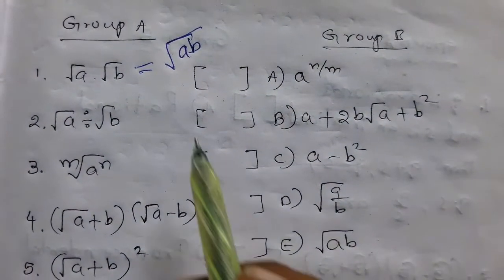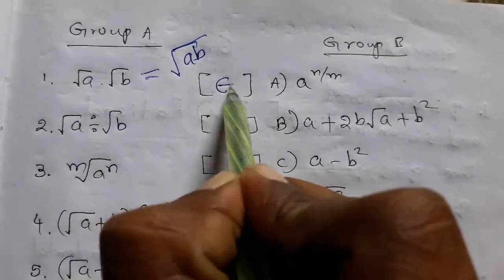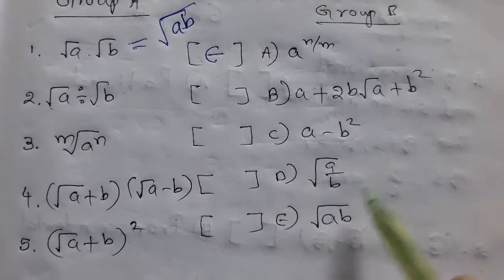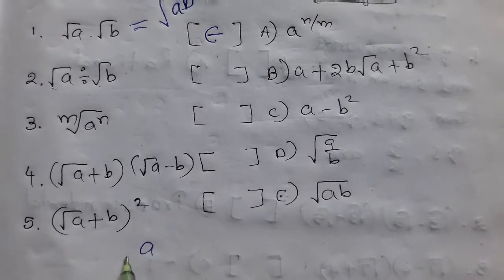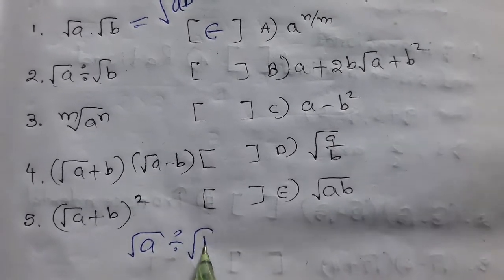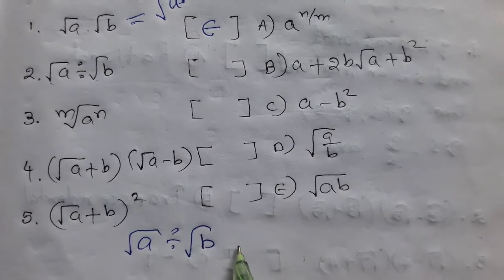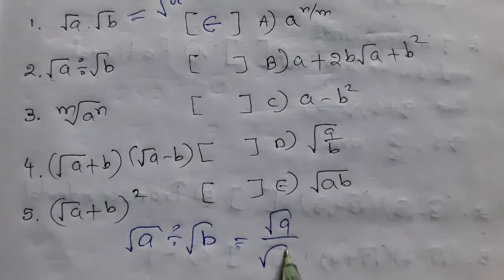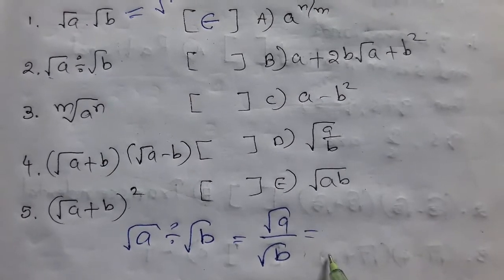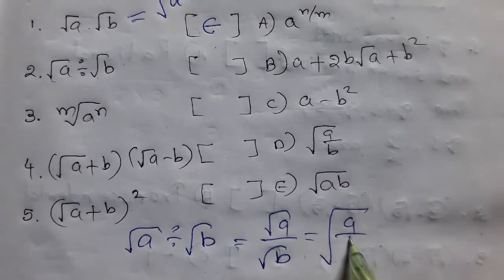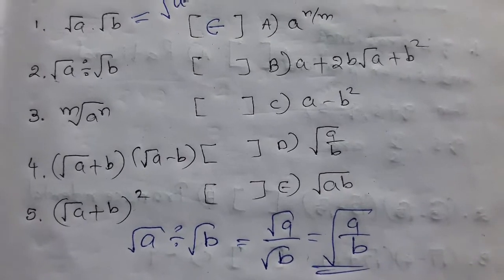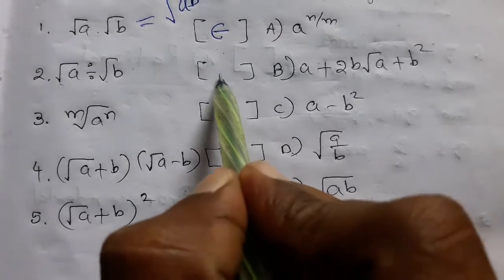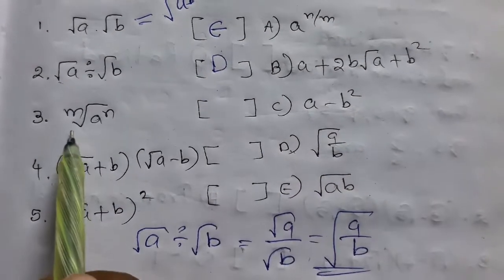The first one is option E. Root a divided by root b can be written as root a by root b, which is the root of a by b. Which one is that? Option D. So the second is D.